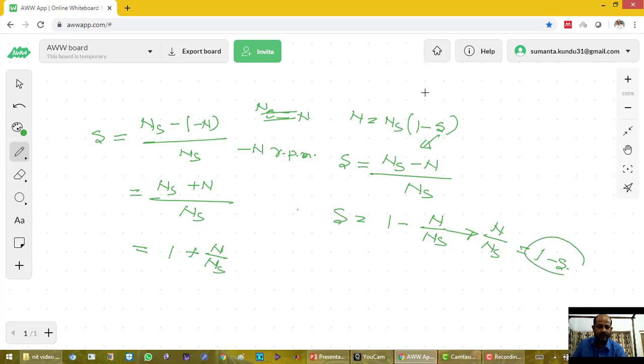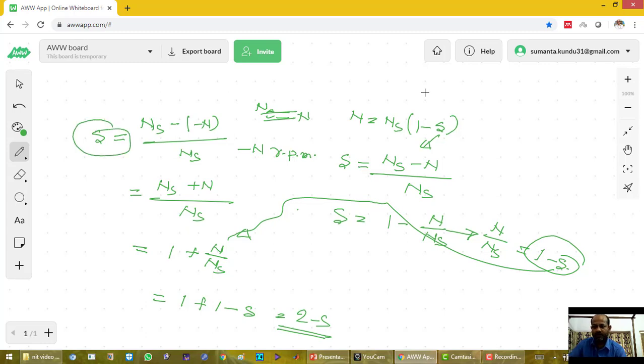Now I put this value here, so it will become 1 plus 1 minus s, that is 2 minus s. So the slip of the forward revolving field is s and that of the backward field is 2 minus s. So these are the two fields developed, right?